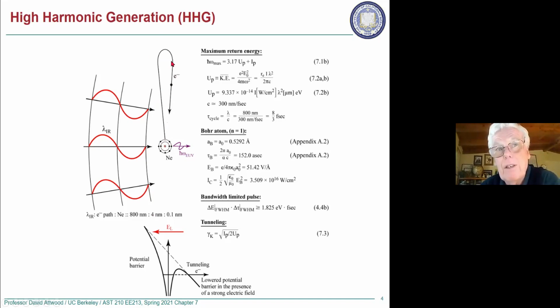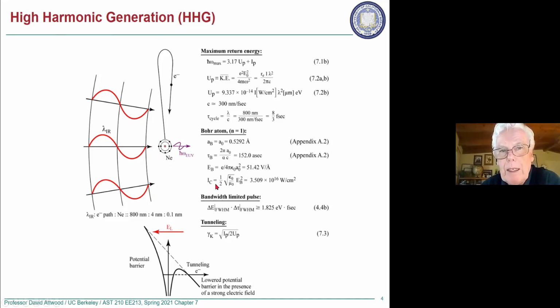But you can just imagine that the electron doesn't necessarily recombine with the ion. In fact, the efficiency of recombination really lowers the amount of power we can get out of high harmonic. So tricks to get more out are always of interest, but it's this lack of recombination, missing it, that leaves a bunch of free electrons, which is a plasma, and we don't want too much of that.